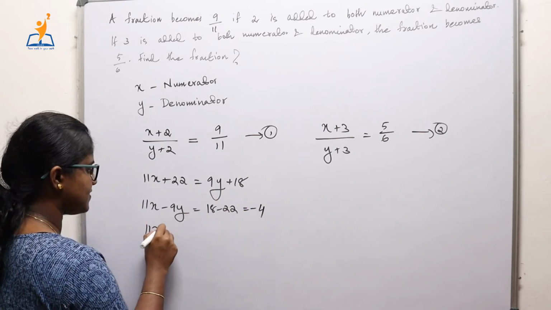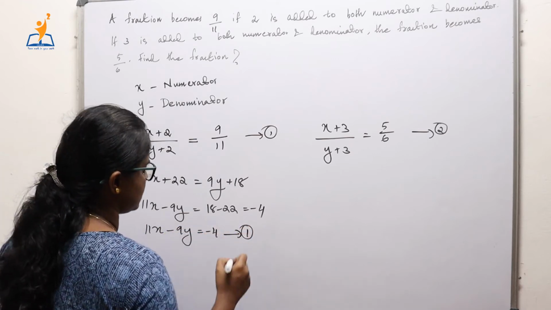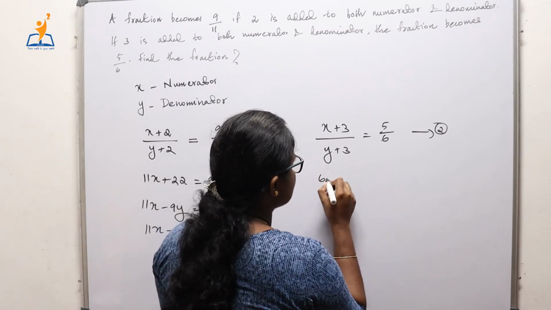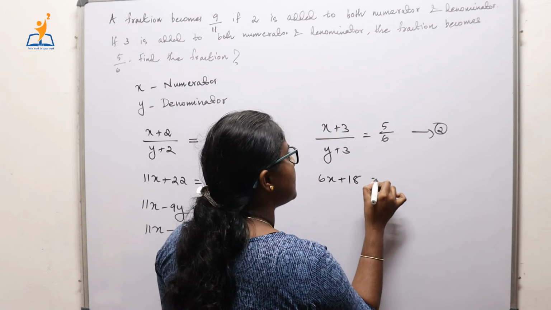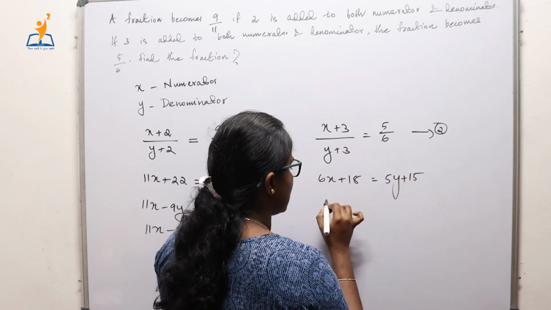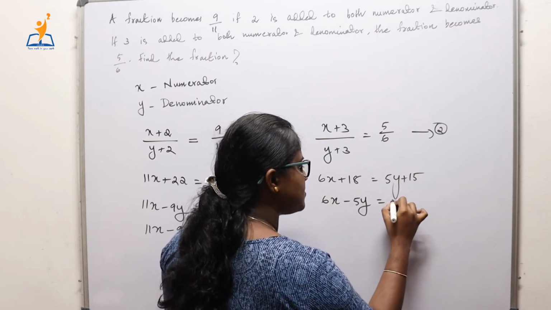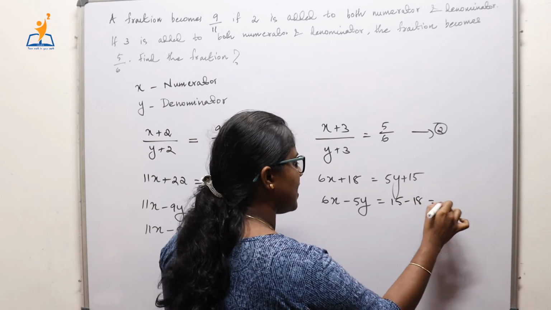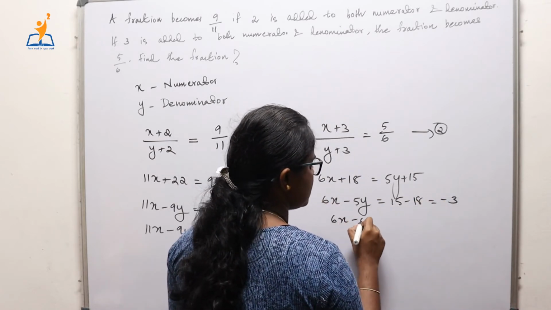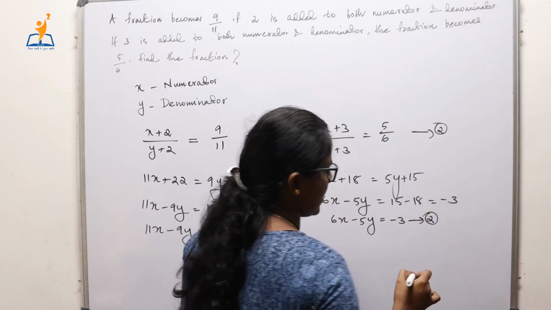So 11x minus 9y equals minus 4 is our first equation. And here, cross multiplying, we will get 6x plus 18 equals 5y plus 15. So 6x minus 5y equals 15 minus 18, which is minus 3. So 6x minus 5y equals minus 3 is our second equation.